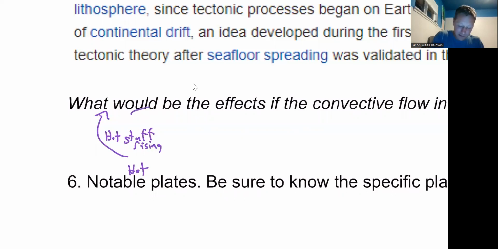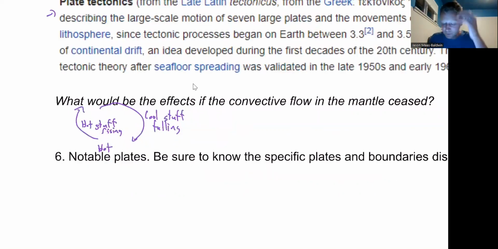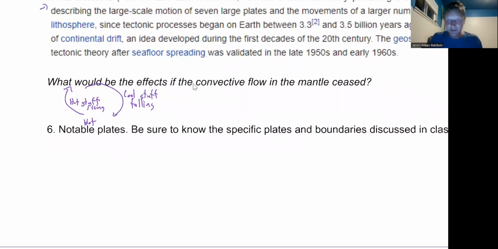And then we have hot stuff coming to the surface, and then it cools off a little bit, and then we have cool stuff falling. And that whole process creates these currents, and these currents move the Earth, as you would probably predict. And they move it in sections, and those sections are called plates.